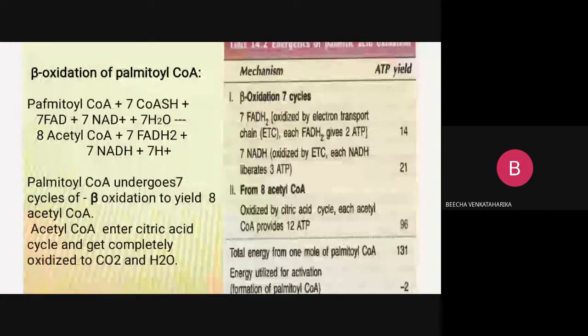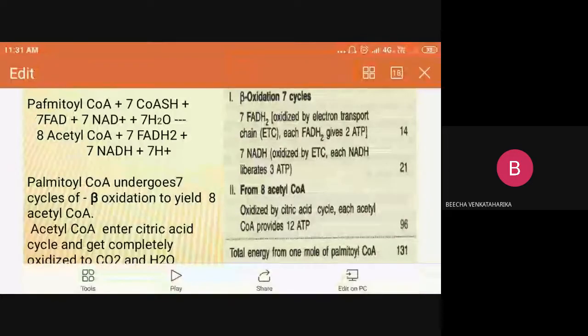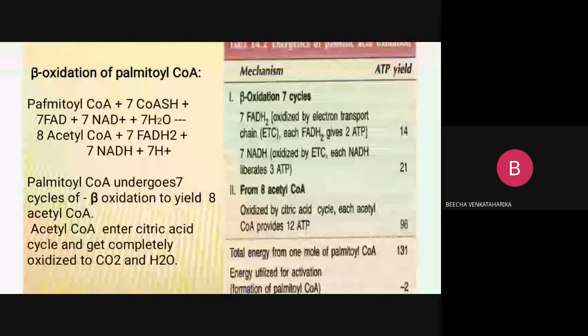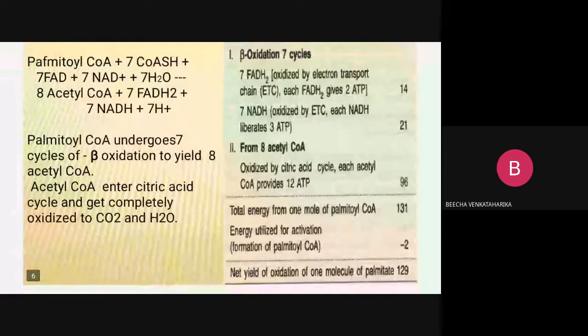8 acetyl-CoAs are formed. What happens to the 8 acetyl-CoAs? They should enter the TCA cycle for complete oxidation. Each TCA cycle gives 12 ATPs. So 12 into 8, 96 ATPs. So 96 plus 21 plus 14, total 131 ATPs are produced in the palmitoyl-CoA beta oxidation.